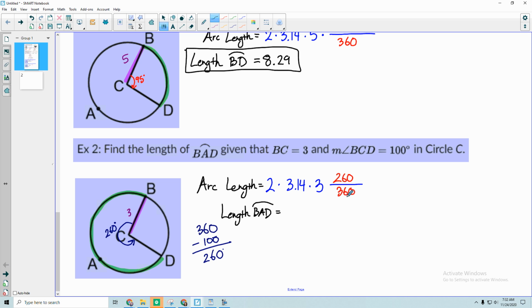Multiply that by 3, and then multiply that by 3.14 times 2, and I get 13.6, and then I see 0.6 after that, so I'll round that up to be 13.61. So that would be the length of this arc if we were starting at B and we walked around this distance and we ended at point D. That's how far we would have to walk.